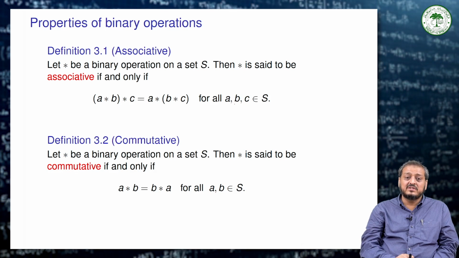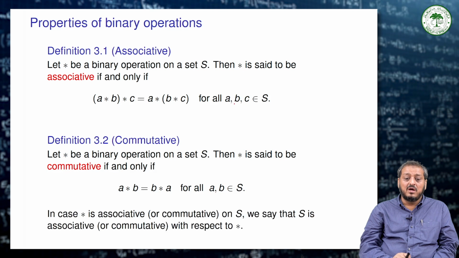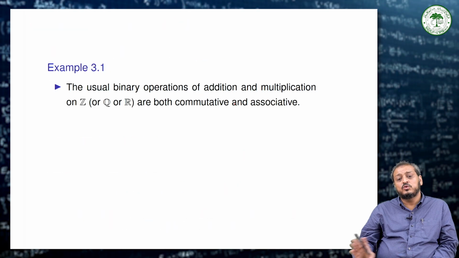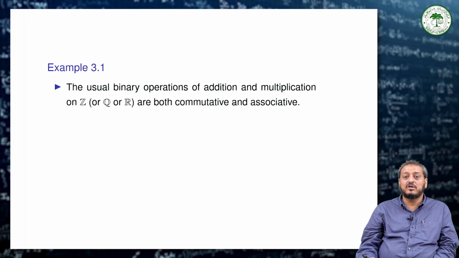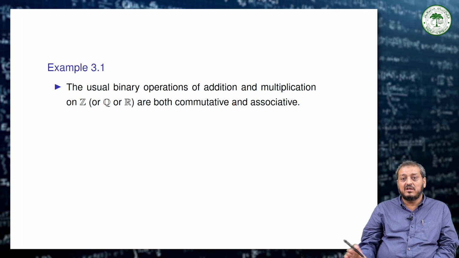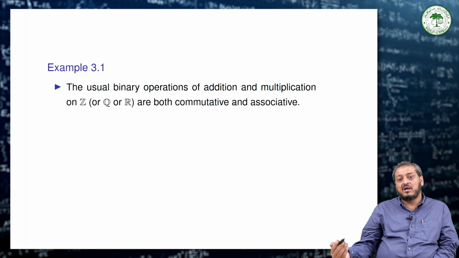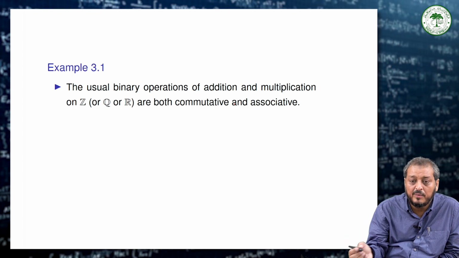For example, the usual binary operations of addition and multiplication on the set of integers, the set of rational numbers and the set of real numbers are both commutative and associative.